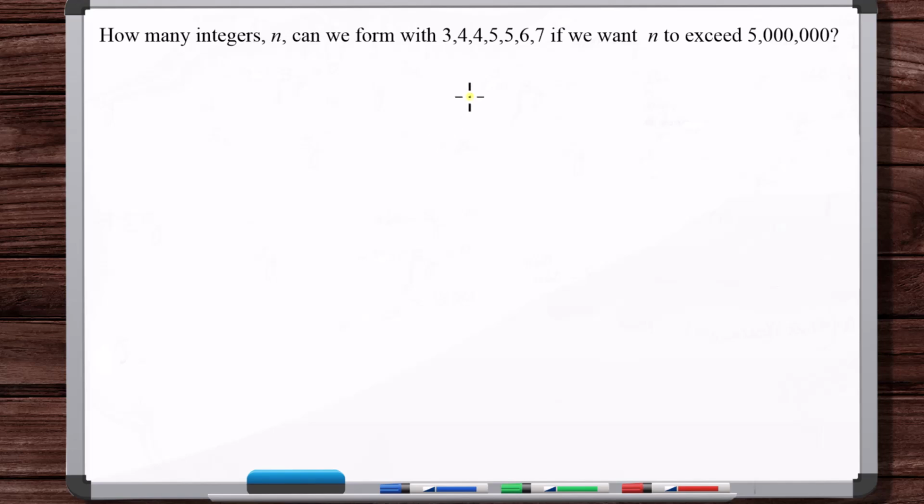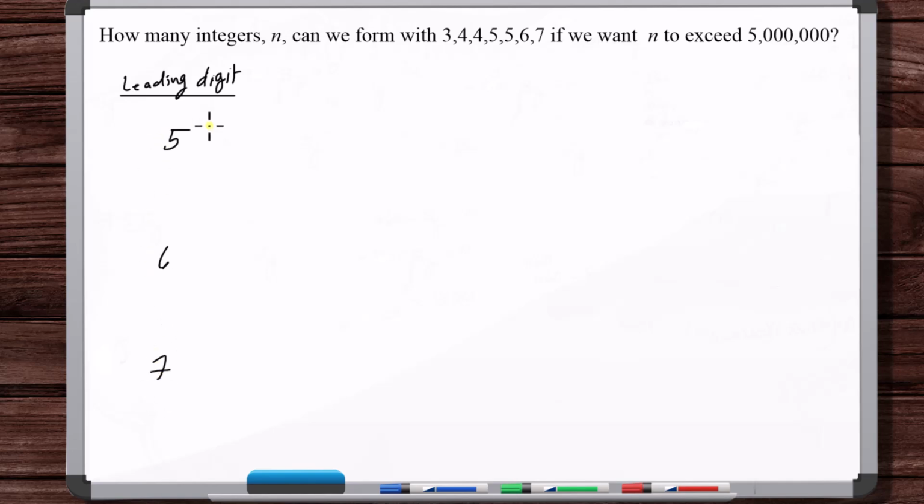So if the leading digit is a 5, a 6, or a 7, we've accomplished that, because even if we had all zeros remaining, it's always going to exceed 5 million. So it's the case where the leading digit is 5, 6, or 7. And 5 is a little more of a complication because we have two 5s. But we can just sum these outcomes when we're done.